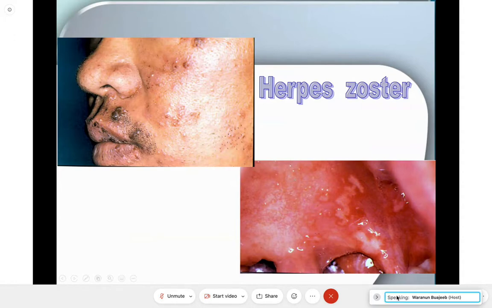The lesion doesn't extend across the midline, only on one side, at the skin and in the oral cavity. So this is herpes zoster, reactivation of varicella zoster virus, affecting the second division of the trigeminal nerve.